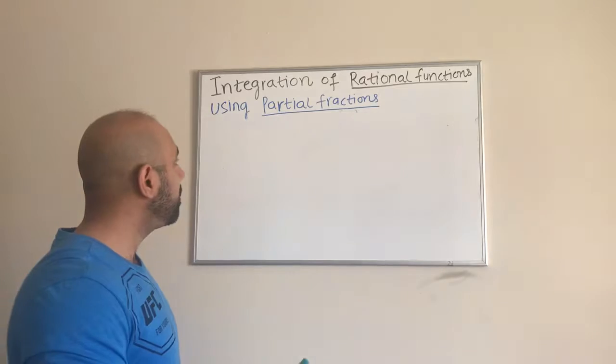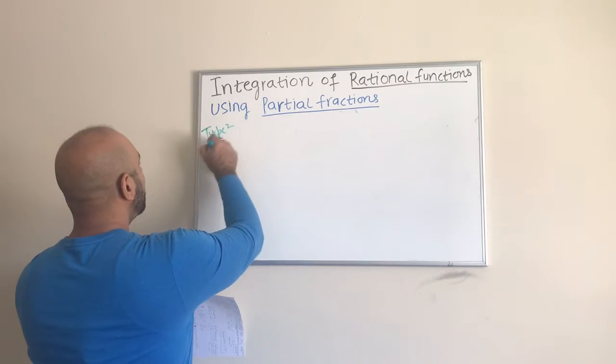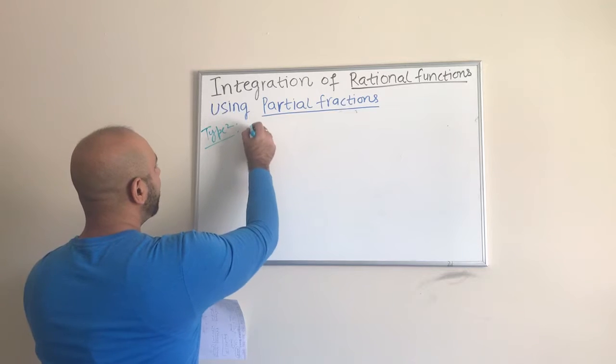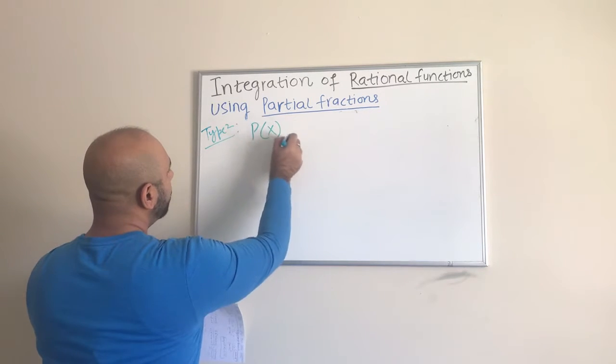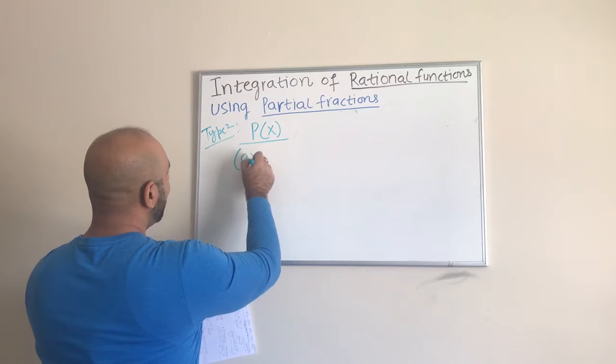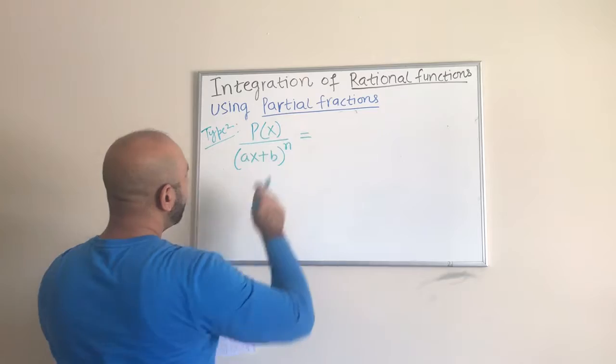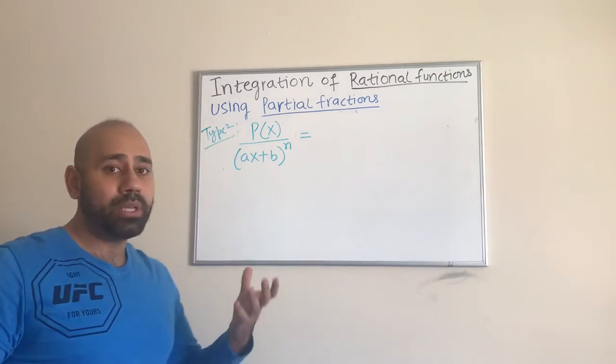Guys, the general form, and I'm going to call this type 2. So the general form is if we have a rational function of the form, let's say p(x) divided by, and in the denominator I have something like this, (ax + b) to the power n. Now we have to understand the difference between these types.